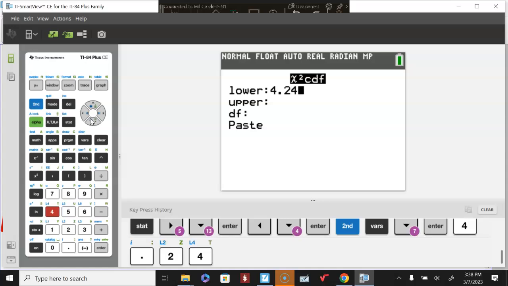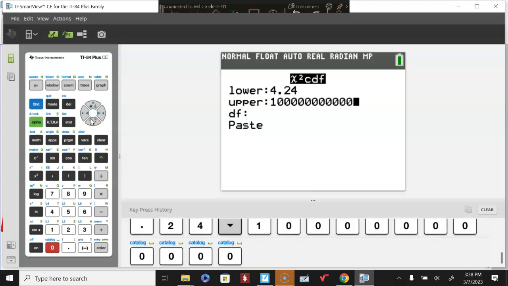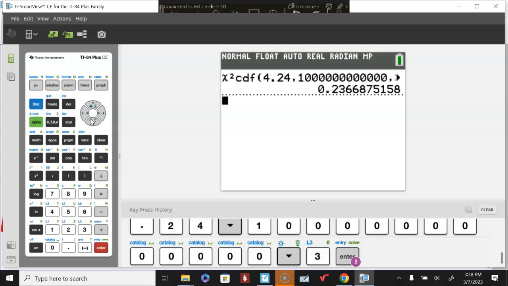So if you go back, our chi-squared test statistic in step 3 of our significance test was 4.24. My upper bound is going to be infinity, something really, really large, and degrees of freedom for this problem, again, categories minus 1, was 3. Hit paste. And we can see there's our p-value. That's just another way to come up with the p-value.